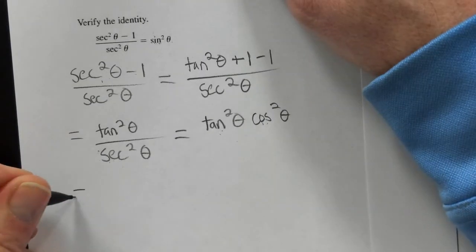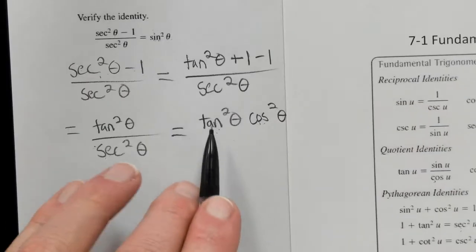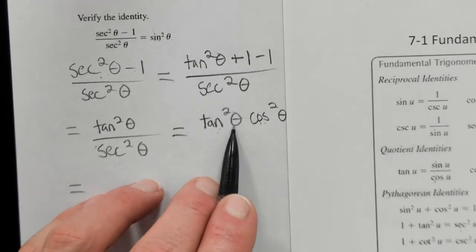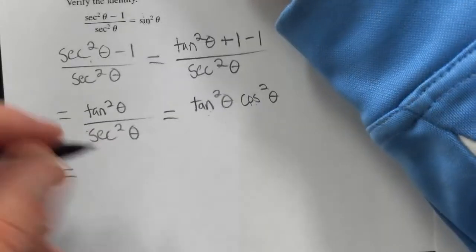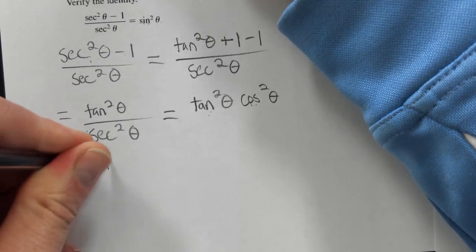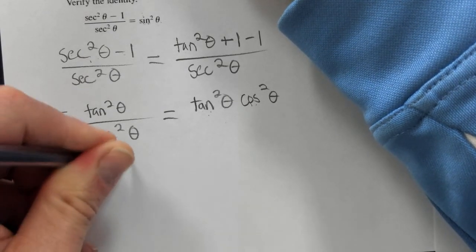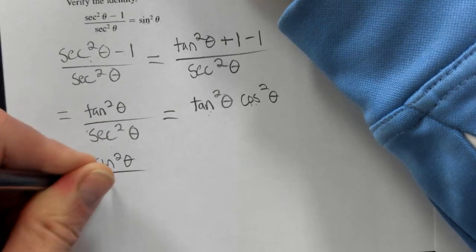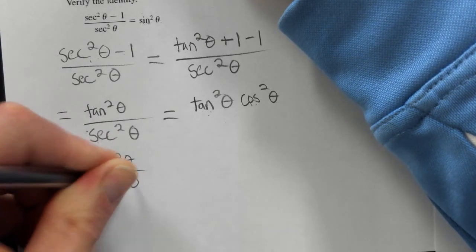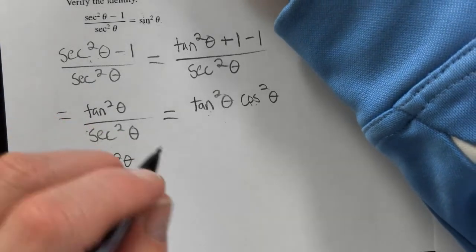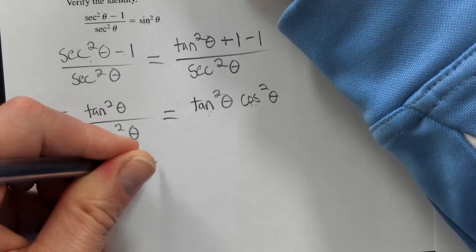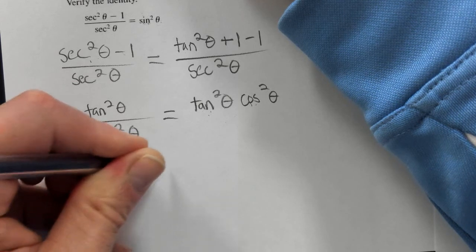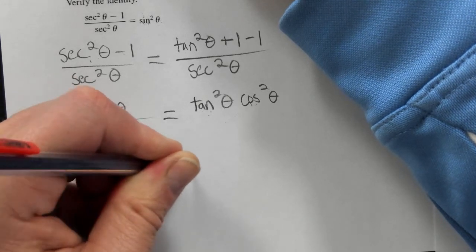Okay? So now I'm going to change tangent squared to sine squared over cosine squared. So that'll be sine squared over cosine squared times cosine squared.